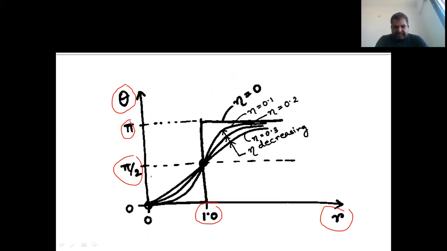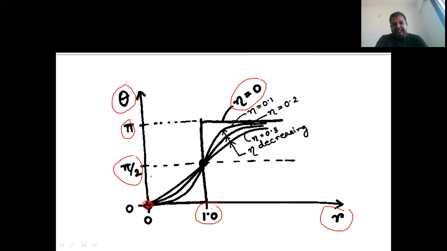Now for r equal to 1 and eta equal to 0, calculate all these values. The first value will be this, where r is equal to 0, eta is equal to 0, and the value of theta will be coming 0, right?